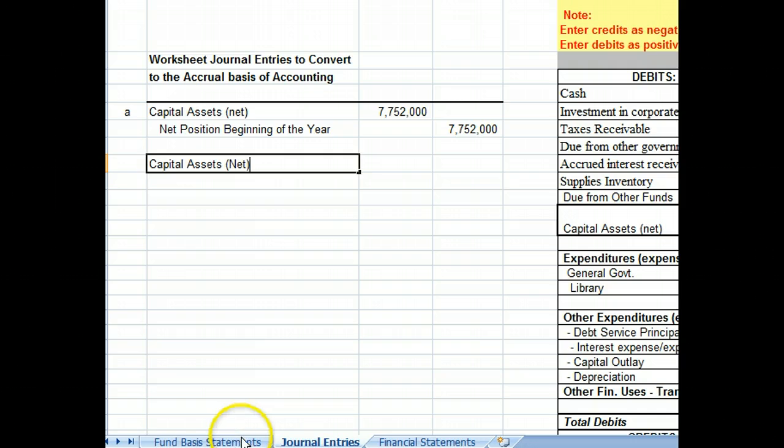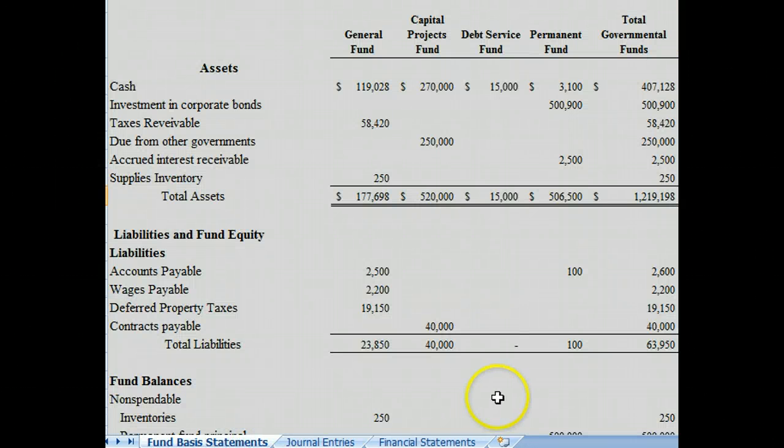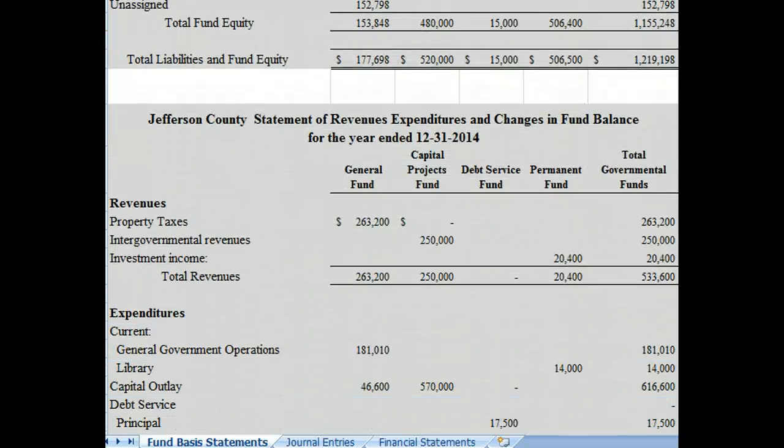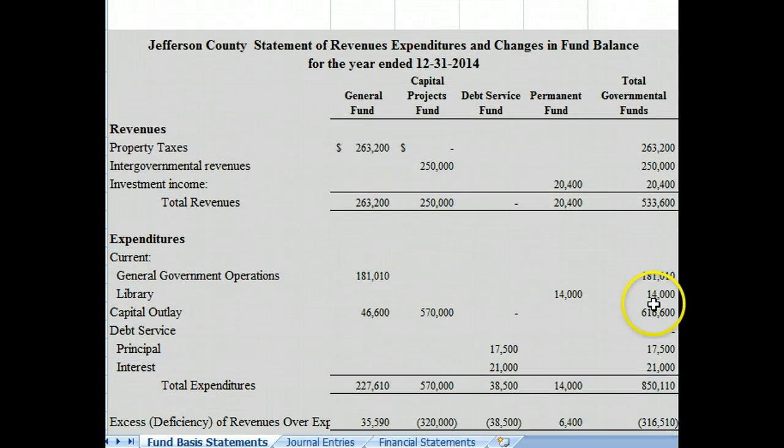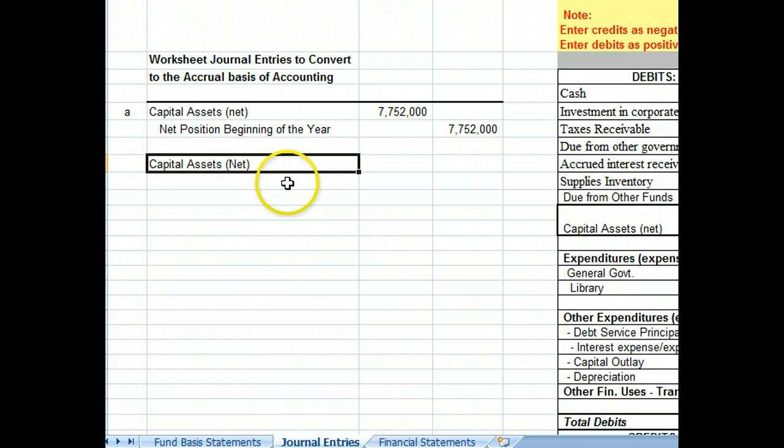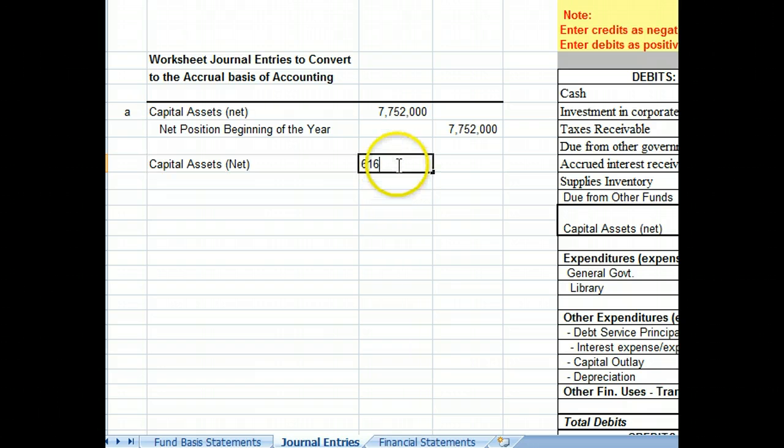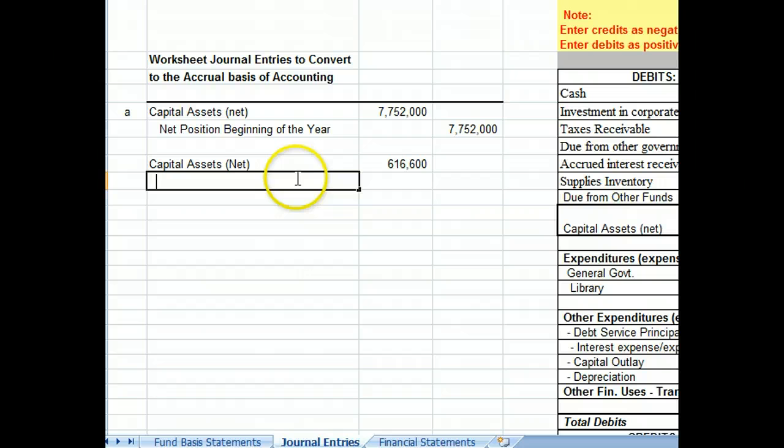So if you were to go back to your fund basis financial statements and you looked at your capital outlays, I'll show you where right here, the 616,600 capital outlays, those are what we're going to list as capital assets for the current year. The 7,752,000 up here were everything up to the prior year. Okay, and we're going to remove the capital outlay as an expenditure.